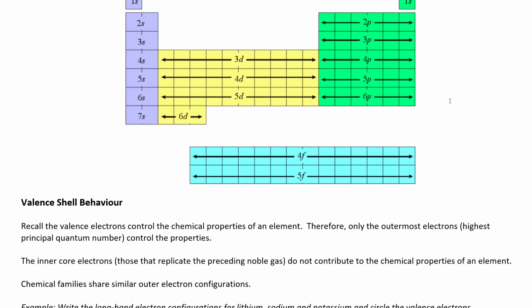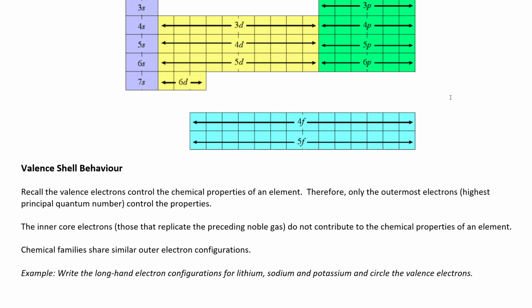So looking at valence shell behavior, recall that valence electrons control the chemical properties of an element. Valence electrons are, as you remember, the electrons on the outermost shell. Therefore, only the outermost electrons, the highest principal quantum number, control the properties. The inner core electrons, those that replicate the preceding noble gas, do not contribute to the chemical properties of an element.